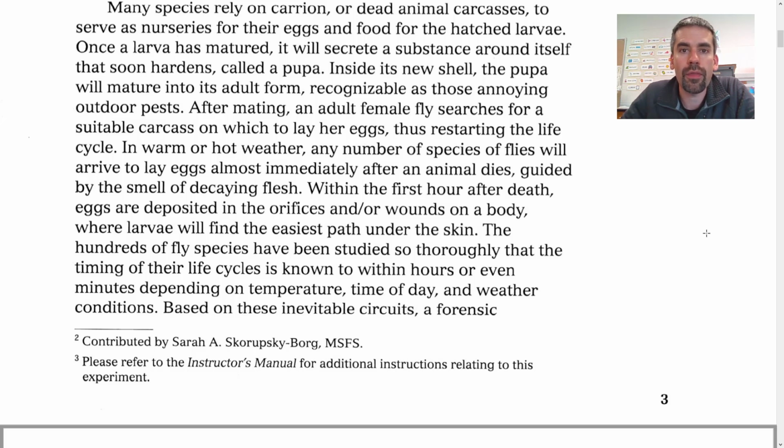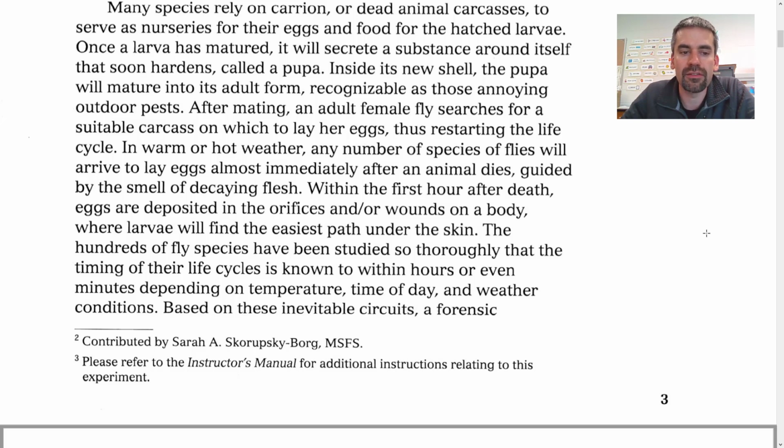In warm or hot weather, any number of species of flies will arrive to lay eggs almost immediately after an animal dies, guided by the smell of decaying flesh. Within the first hour after death, eggs are deposited in the orifices and/or wounds on a body, where larvae will find the easiest path under the skin.